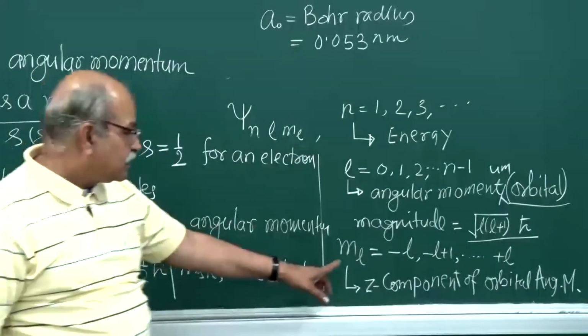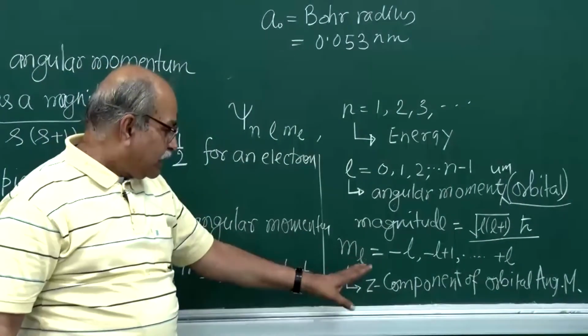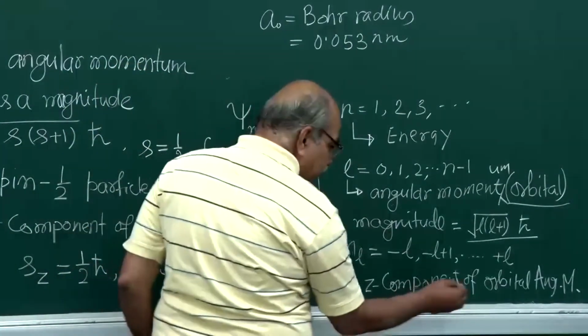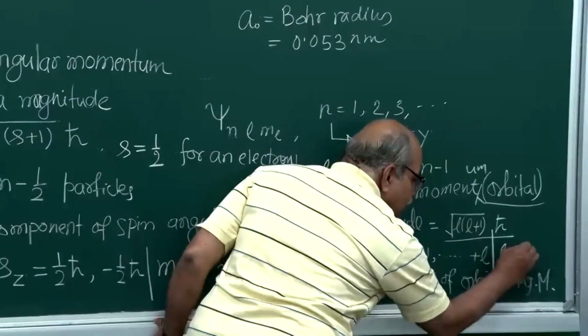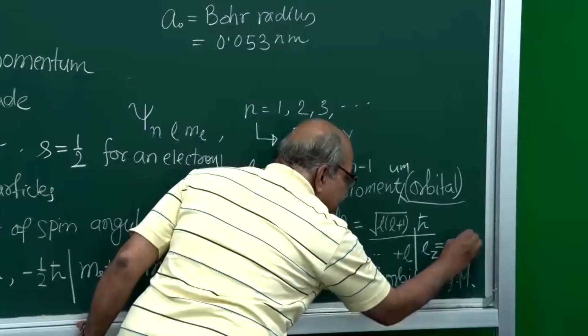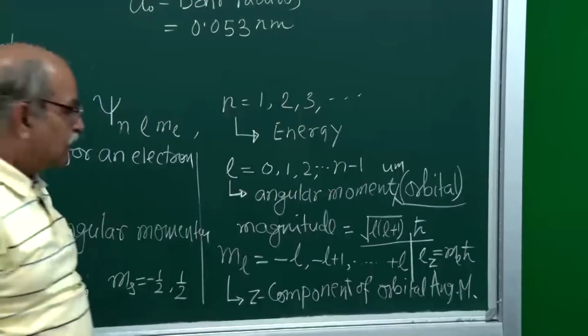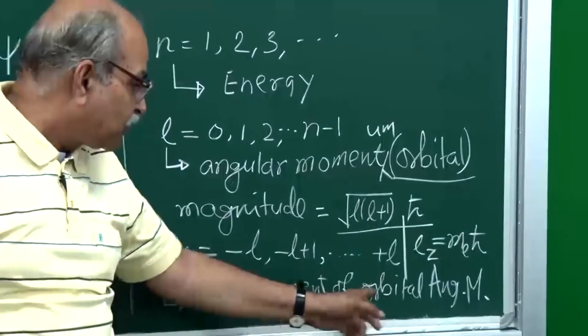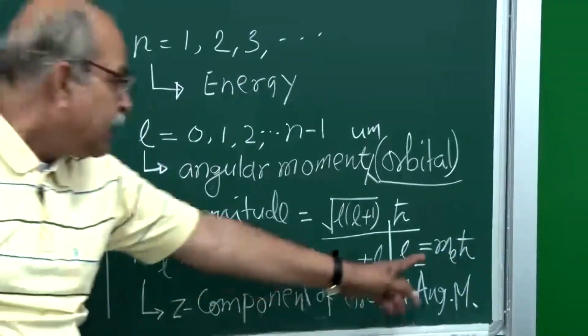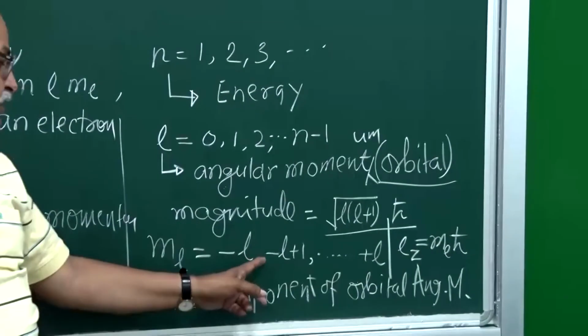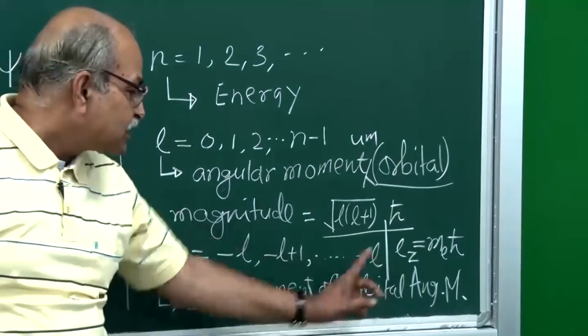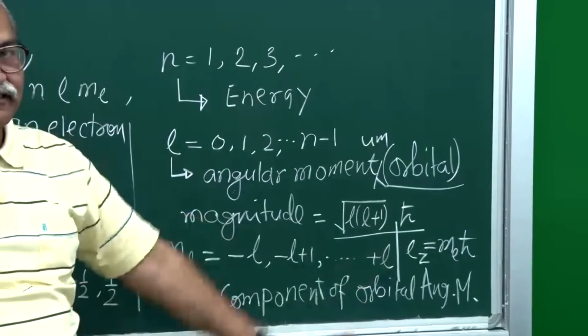The Z component of angular momentum, that also I could have written, that is Lz is equal to ml times h cross. The Z component of orbital angular momentum is ml times h cross, and that ml can take values minus L, minus L plus 1, up to plus L in steps of 1.